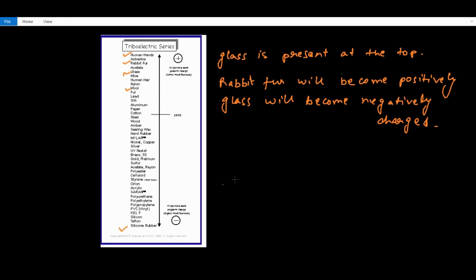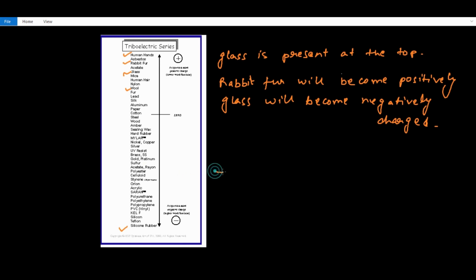So if I rub my own hands with silicone rubber, then the magnitude of charge produced will be very great on either substance. Human hands will be charged positively, and that will be a lot of positive charge. And silicone rubber will be charged negatively, and that will be a lot of negative charge. So the greater the separation between two items in the triboelectric series, the greater is the magnitude of charge on the items. That is a very important thing to know.